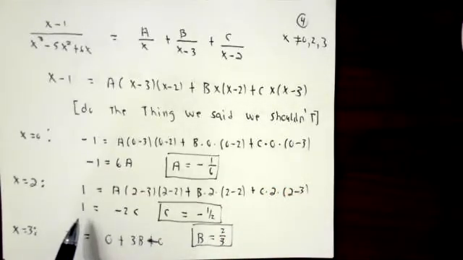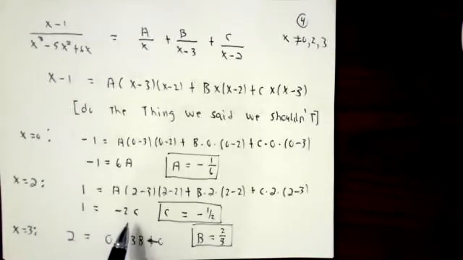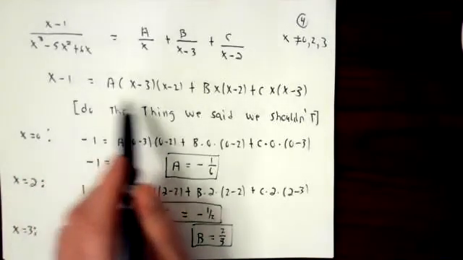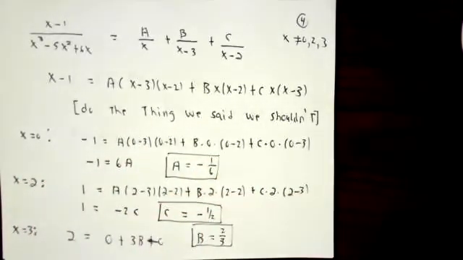This tells me that 1 is -2 times c. c is -1/2. And by putting x equal 3 into this formula, which I think your textbook calls the basic equation or the auxiliary equation or something like that, you eventually find out that b is 2/3.